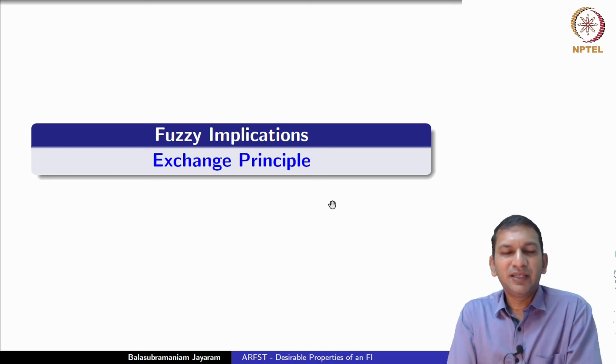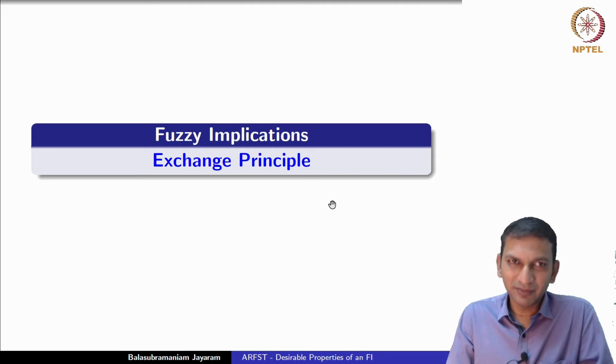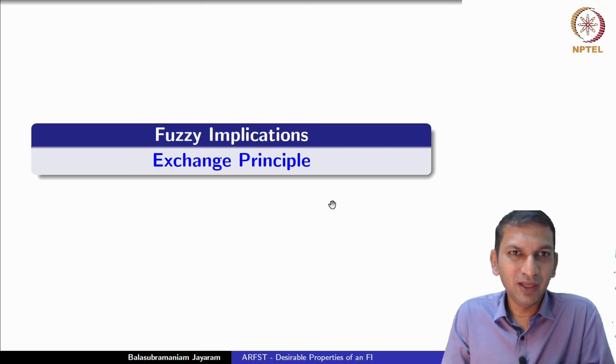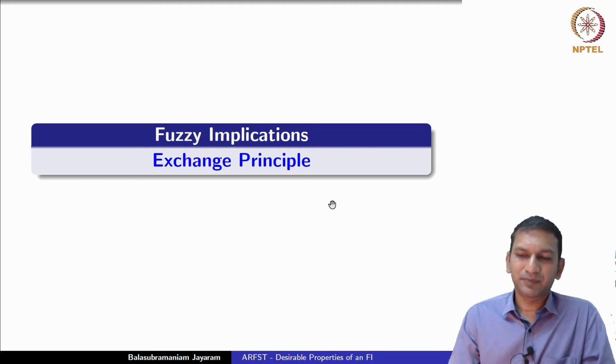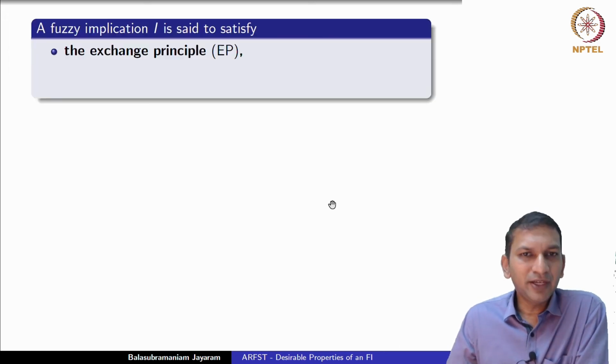Once again, we had said that in the axiomatic definition, we did not insist on many algebraic properties, but we have already seen a few. It is clear that we cannot have symmetry because of mixed monotonicity. It is decreasing in the first variable and increasing in the second variable. But what about associativity? Well, this exchange principle is some kind of an associativity.